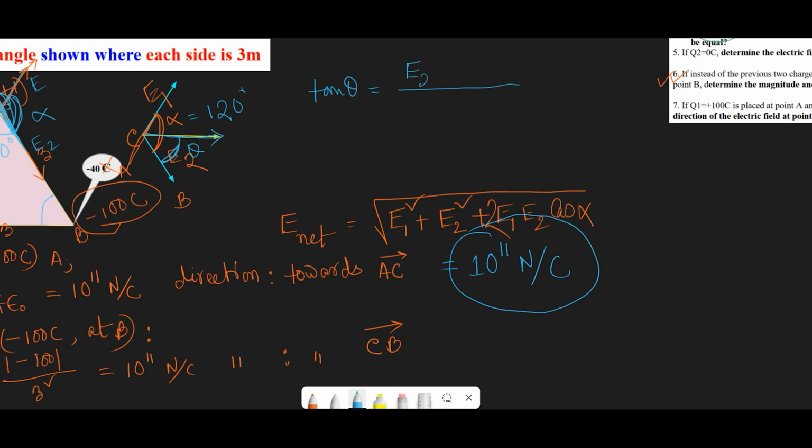Obviously E2. Now the value will be E1 sine alpha over E1 plus E2 cos alpha. If we solve this by plugging in the values of E1, E2 and alpha, we'll get theta equal to 60 degrees. So here theta will be 60 degrees.